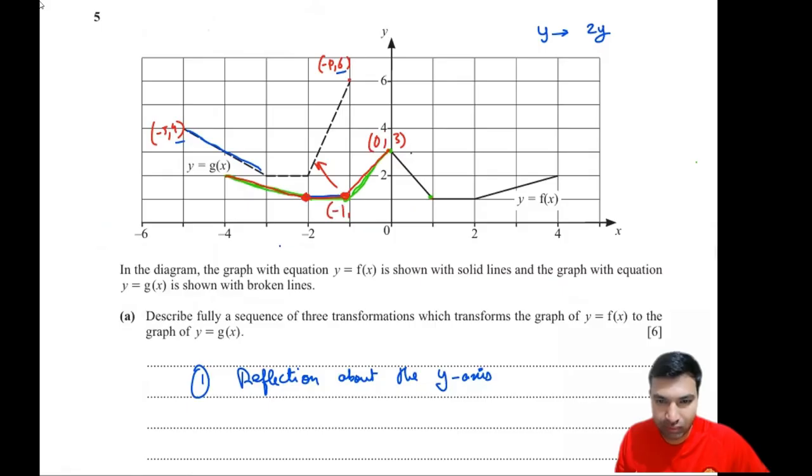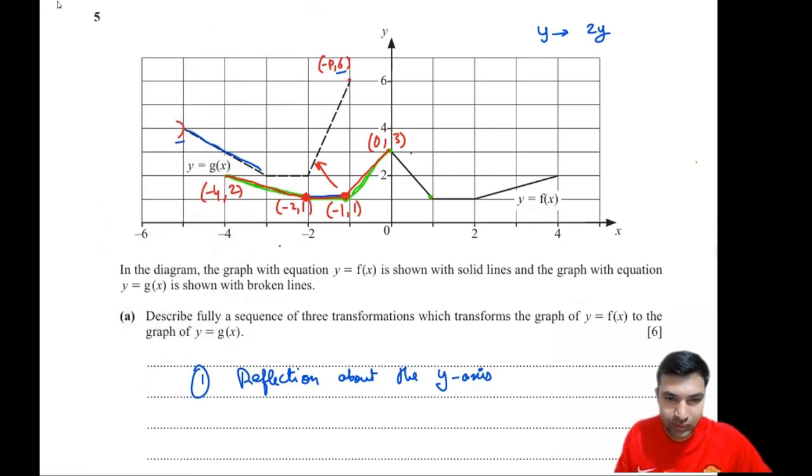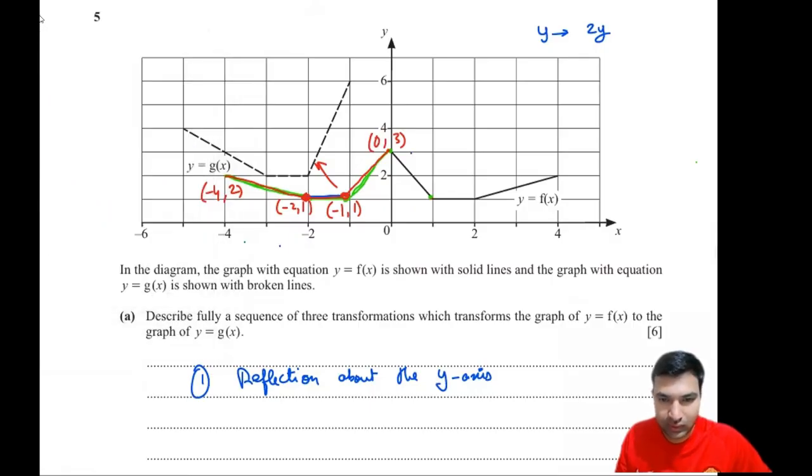That's (-1, 1). That's (-2, 1). And that is (-4, 2). Now let me write the final answer. That is basically the vector by which it has been translated, left-hand side and upwards as well.